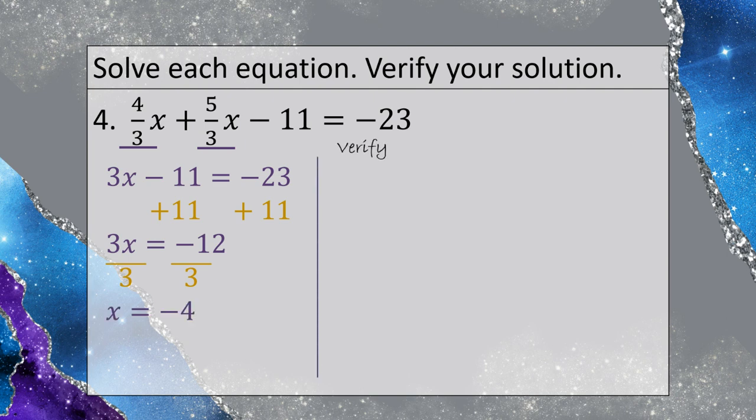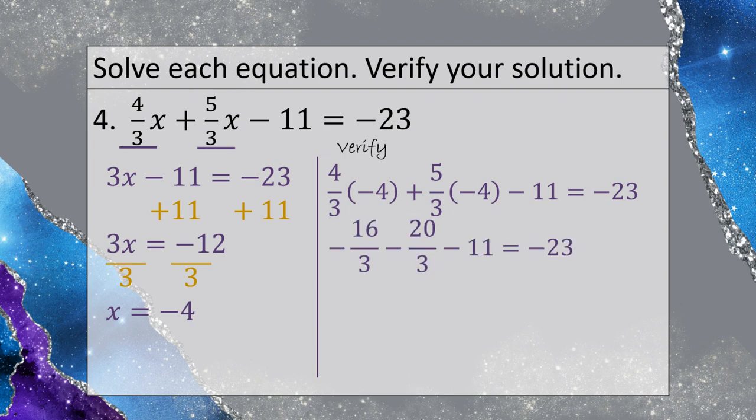To verify that, we're going to go back to that original equation, and everywhere there's an x, we're replacing it with -4. Then we'll evaluate using our order of operations. 4/3 times -4 would give us -16/3. And then 5/3 times -4 gives us -20/3. Bring down the rest, -11 equals -23.